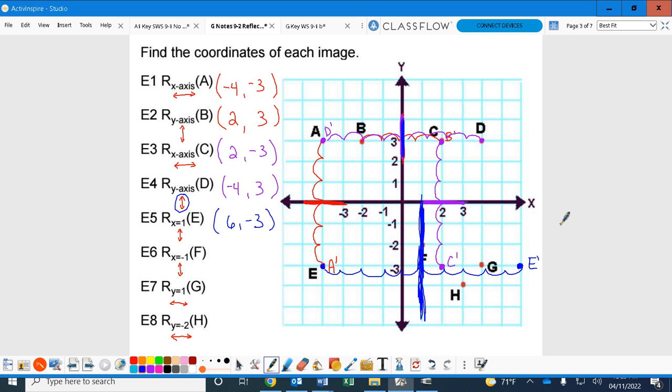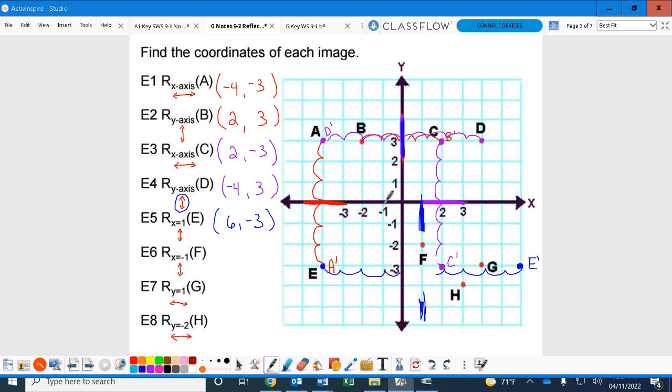Okay. Questions? Okay, let's keep going. F. F is going to be underneath my line, so I've got to erase it a little bit so you can see it really clearly, guys. Okay, there's my F. It's going to reflect across a vertical line, one that goes this way. Vertical line at -1.